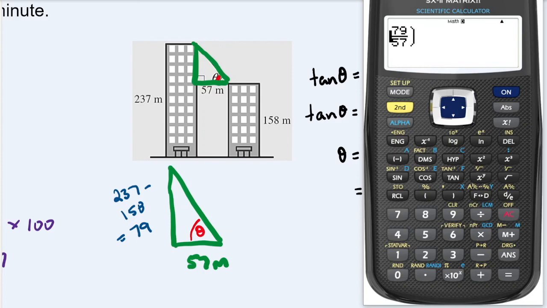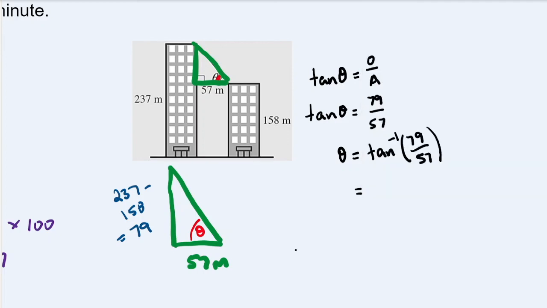I'm going to go second function or shift, tan gets me the correct bit there. That's starting to look a little bit more like it. Degrees, minutes, seconds. And I have 54 degrees 11 minutes because 19 is less than half. So 54 degrees 11 minutes, and that's the answer there.